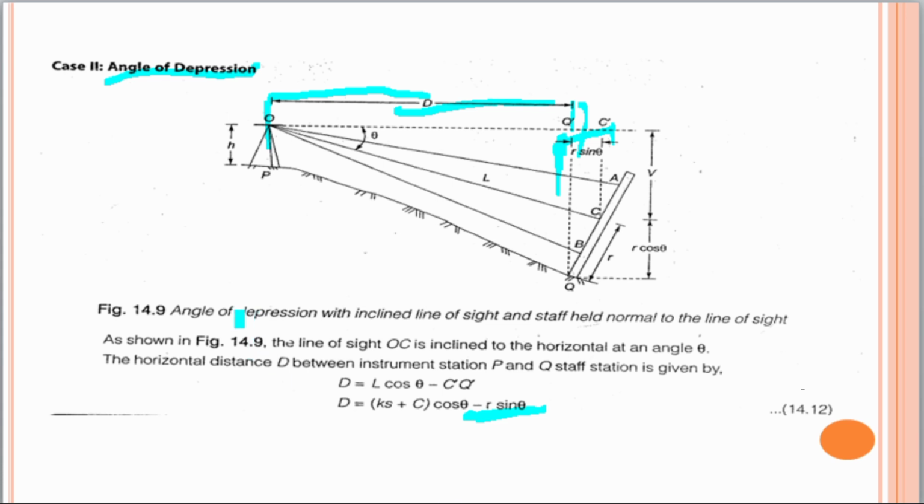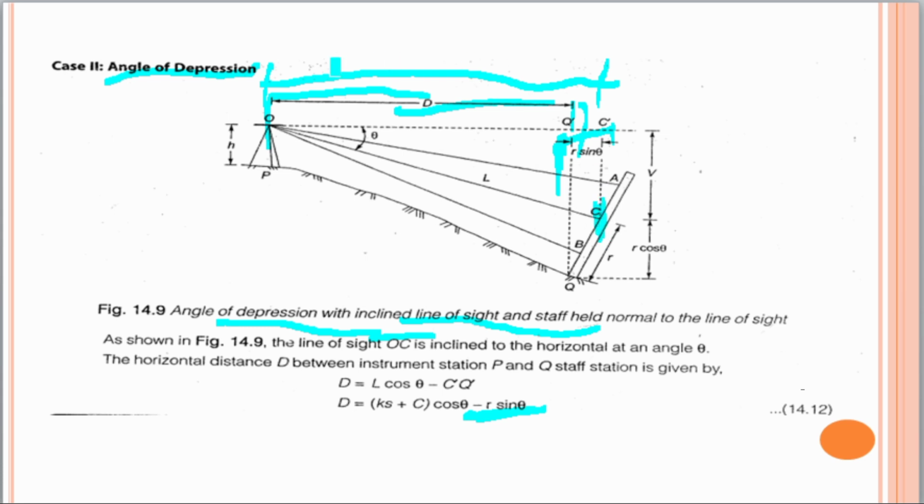So here the angle of depression with inclined line of sight held normal to the line of staff there. So you remember that is an important aspect for you to remember. Yeah, so make sure you remember that. So this diagram has not illustrated it well, but our distance D goes until where our C reaches.